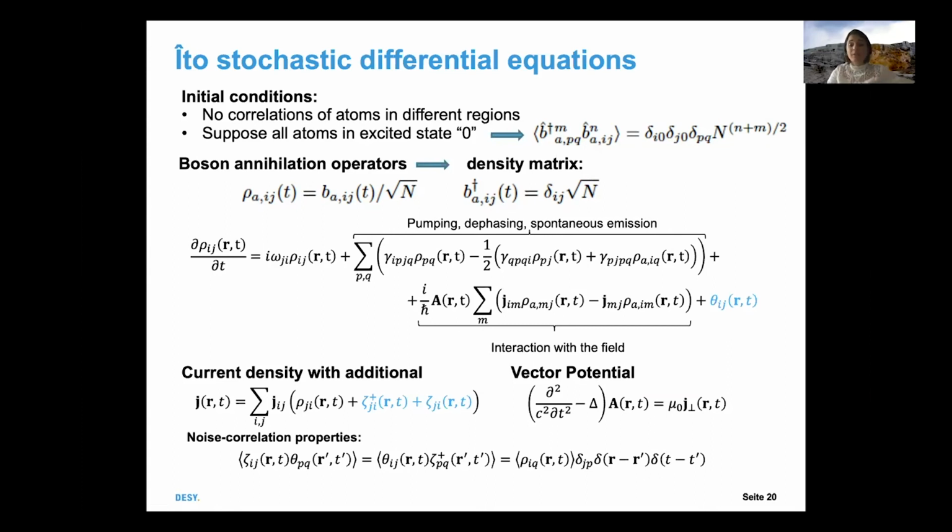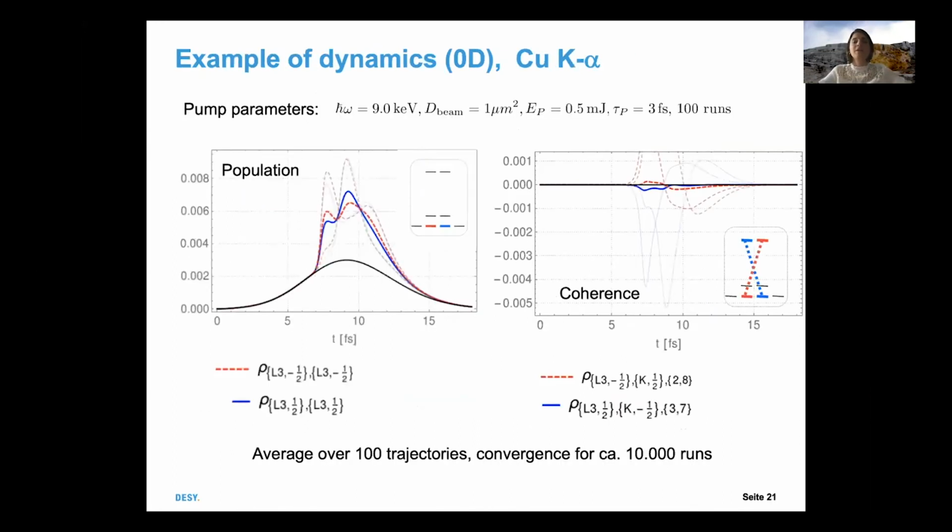And it's actually more an art than a real science to give a really good description of how to get these noise representations. But for a large number of atoms in the system, for n much larger than one, we really can solve these stochastic differential equations, and they turn out to be stable. And here I'm showing you first results of the kappa alpha transmission in this 8 level atomic system.